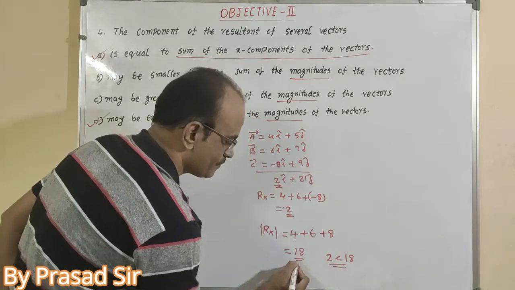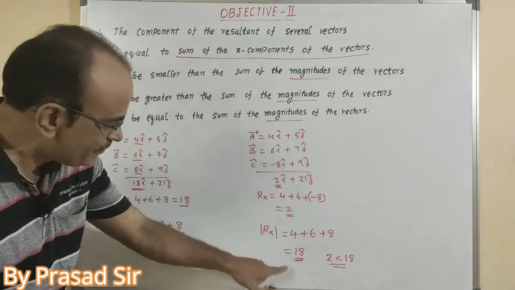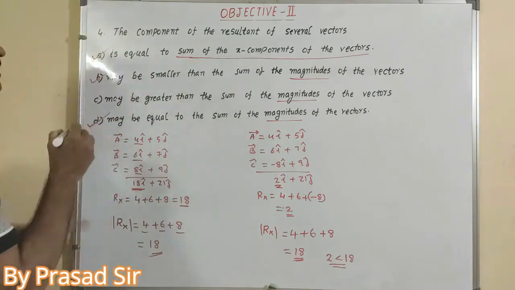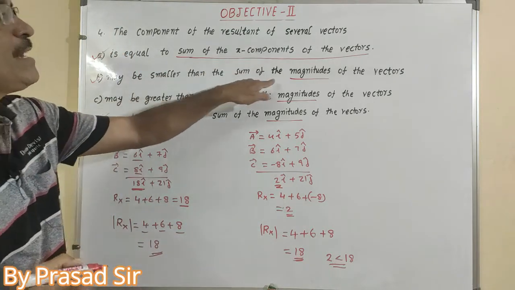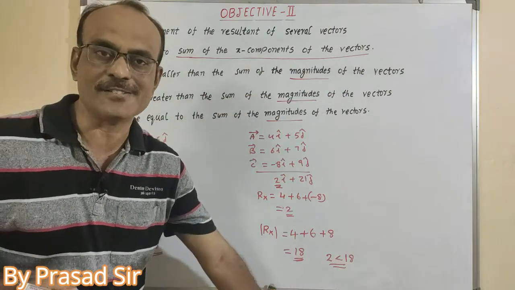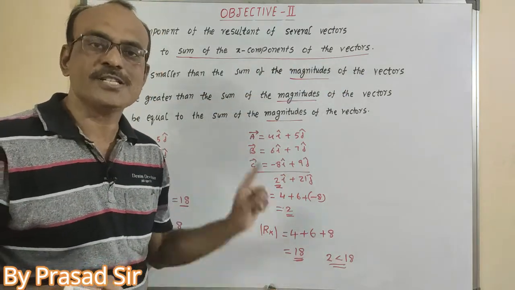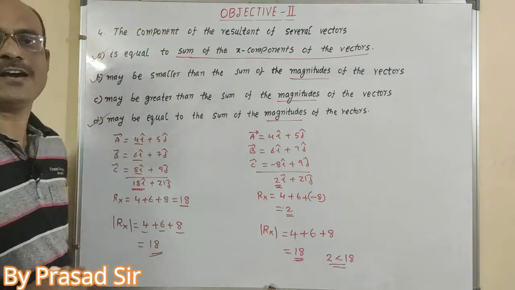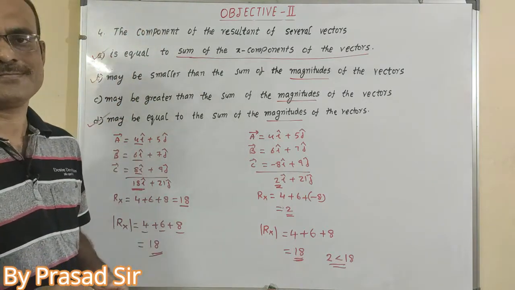Observing these two, which one is correct here? B, may be smaller than the sum of the magnitudes of the vectors. So the correct options for this question are A, B and D.